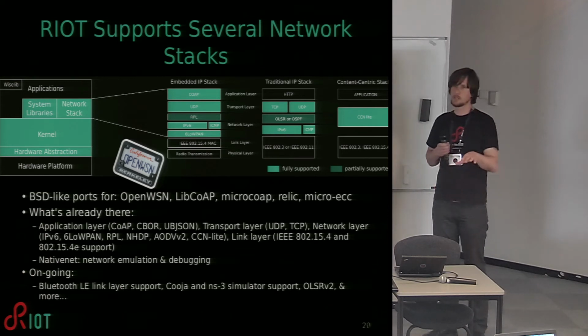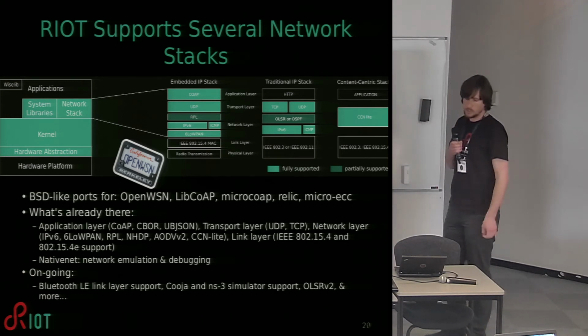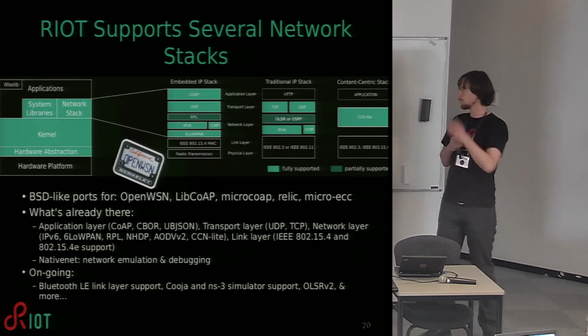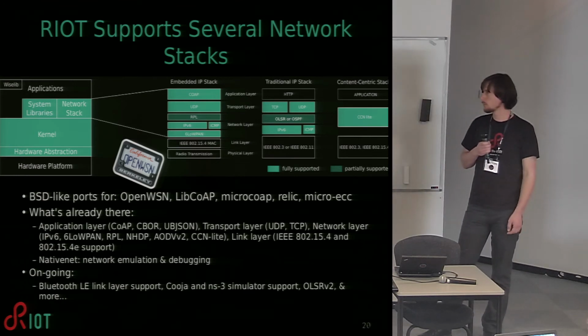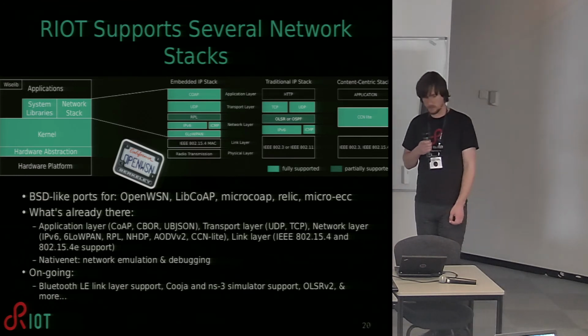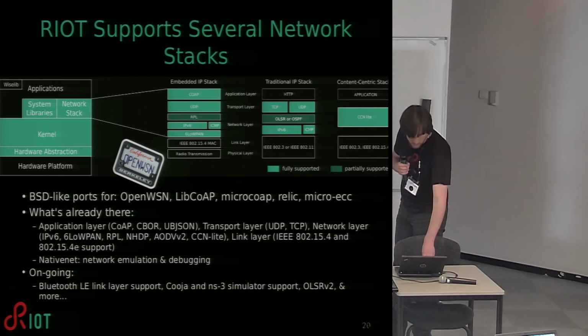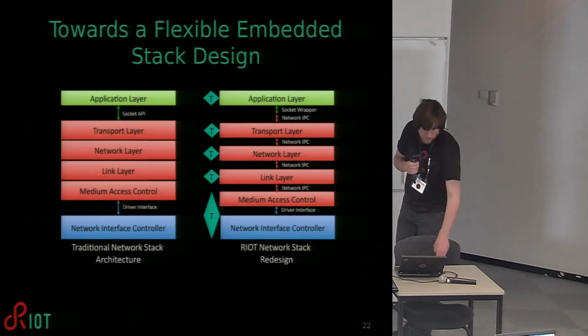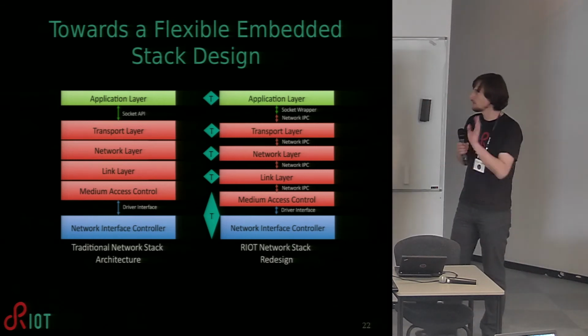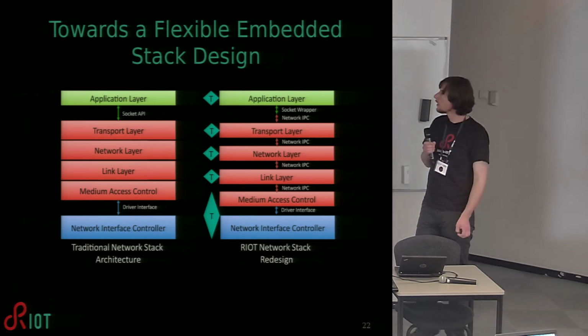But that's all done by the RIOT build system already. Yeah, so there's a bunch of network protocols already implemented, and there's a lot of work ongoing with Bluetooth Low Energy and lightweight M2M and stuff like this, and some routing protocols. And yeah, we'll probably skip over this briefly.